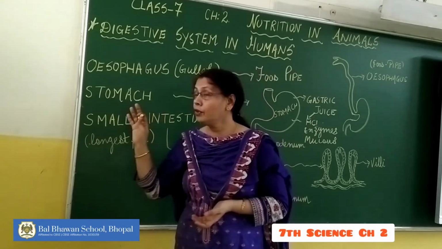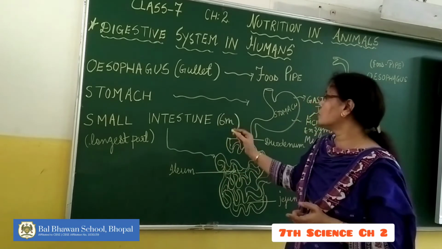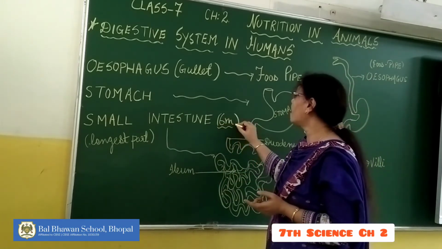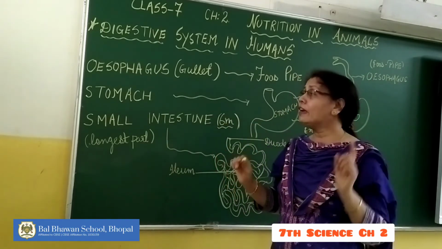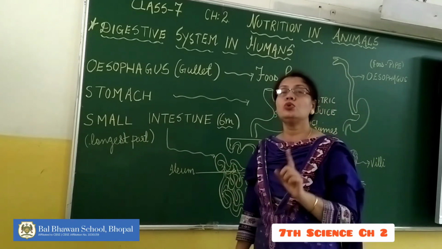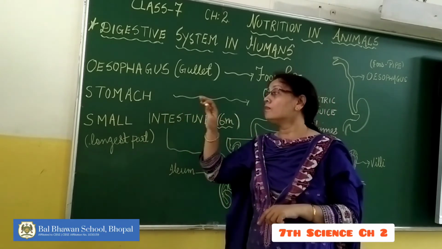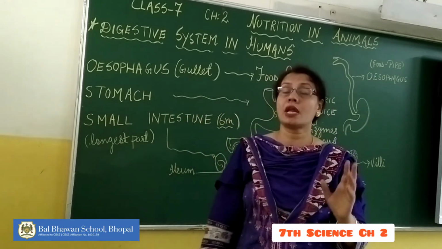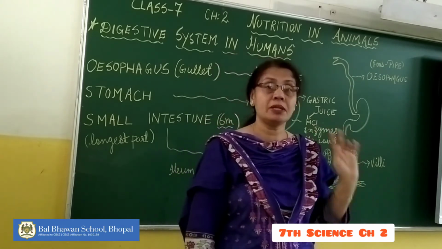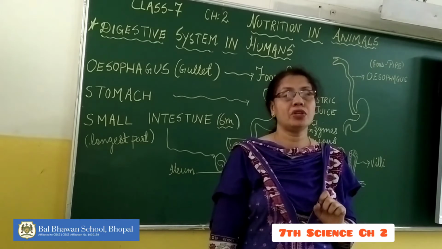If you see, the small intestine is basically a long tube-like structure whose length is about 6 meters. When we compare it with the large intestine, the length of the large intestine is only 1.5 meters. Now the question arises why we call this a small intestine though it has a length of 6 meters. Children, it is because of the thickness of the tube.